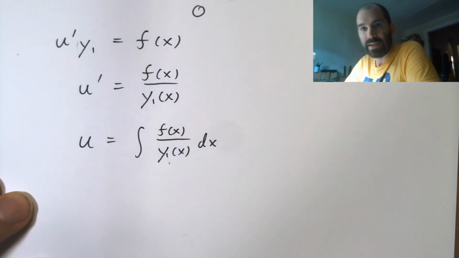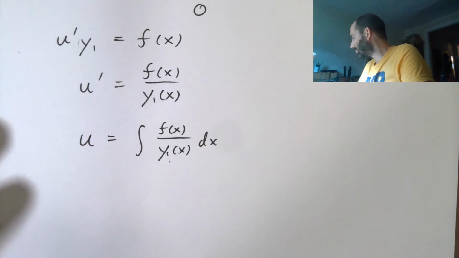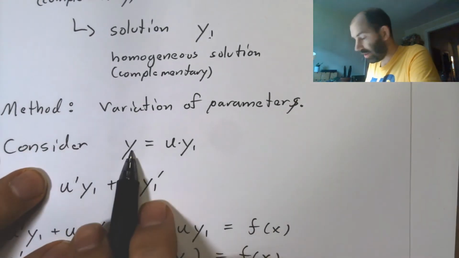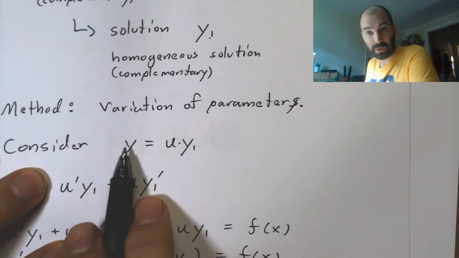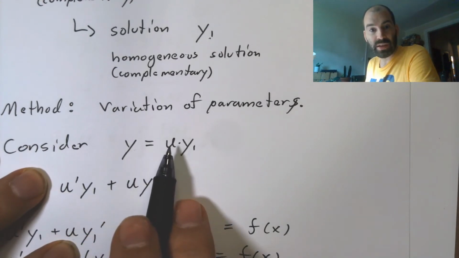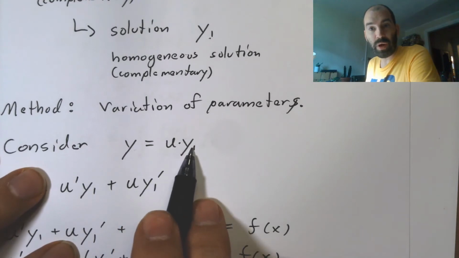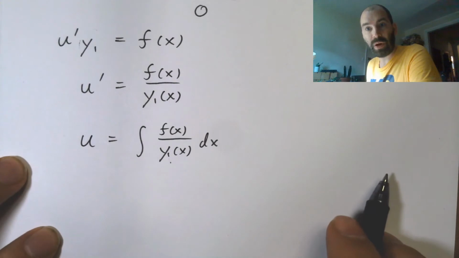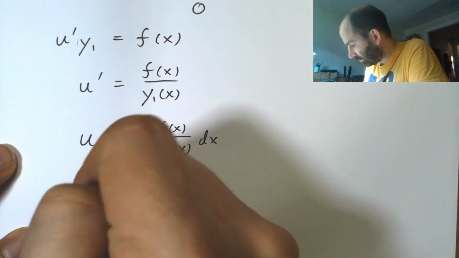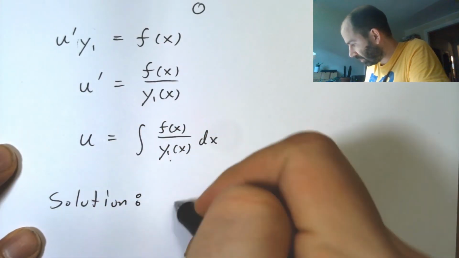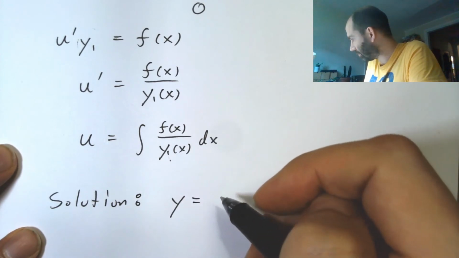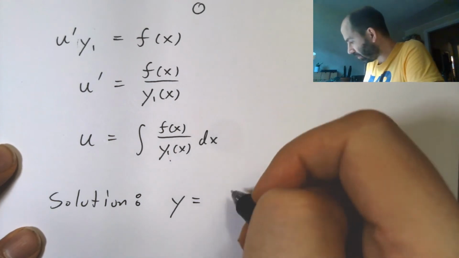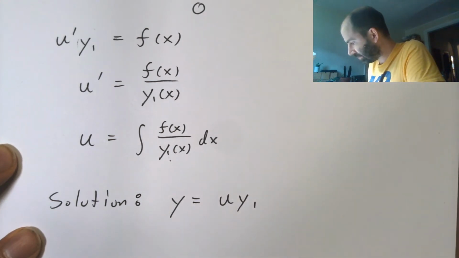Okay? Now what do we do with that? Well, now we're pretty much there, because if you remember, y is equal to the solution that we want. y is equal to u times y1. So all I have to do is take this thing and multiply it by y1, and that's our solution. Our solution is, what did I say? u times y1, right?